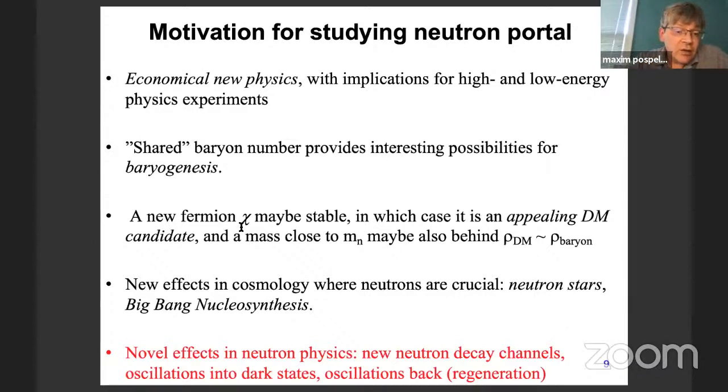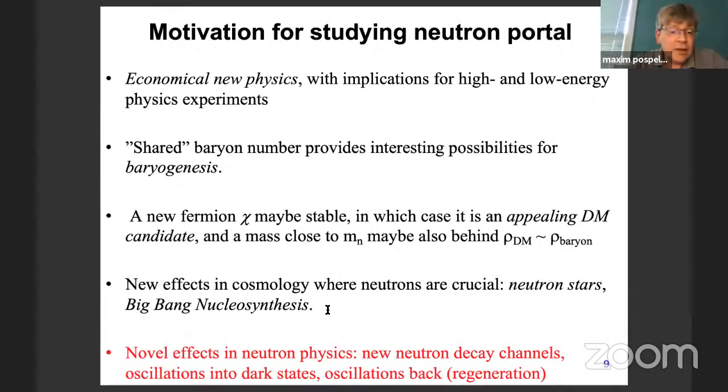On the other hand, the new fermion could also be stable, in which case it's an appealing dark matter candidate, and the mass close to a nucleon mass may be behind the fact that rho dark matter is on the order of rho baryon, which in many other models is a complete accident.